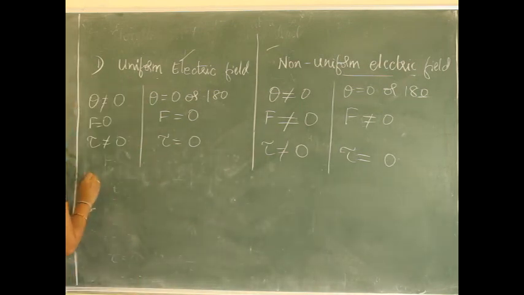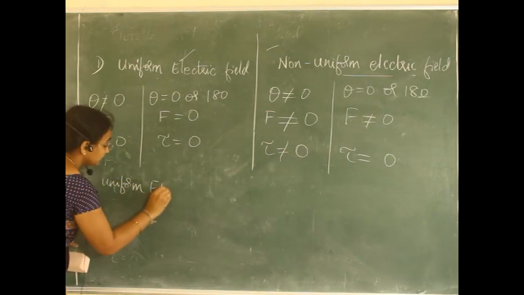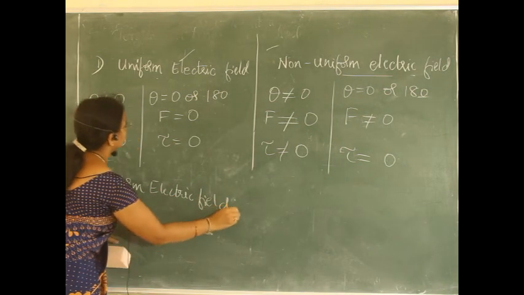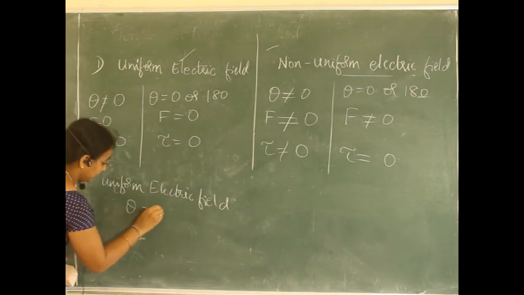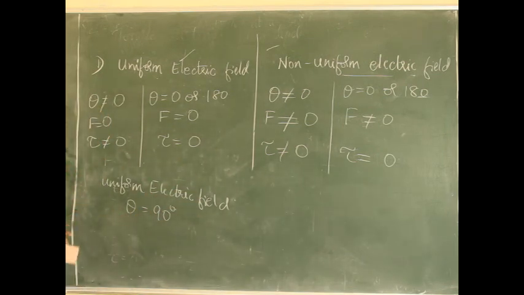One more question. What happens if it is a uniform electric field itself, but theta is equal to 90 degrees? Now what is the case? F is equal to 0 because the field is uniform.